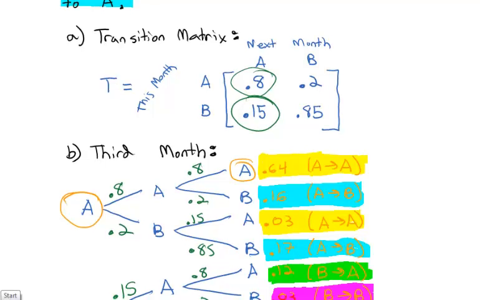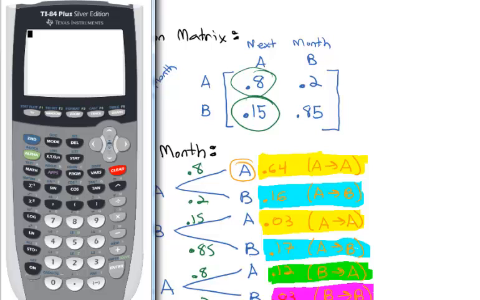We'll go second matrix and over to edit. Our transition matrix is a 2 by 2 matrix with entries of 0.8, enter, 0.2, enter, 0.15, enter, 0.85, enter.